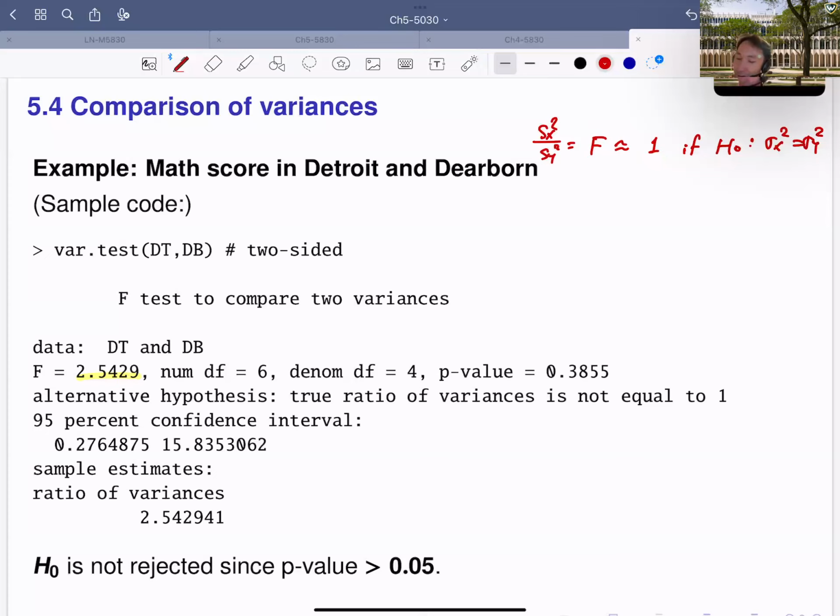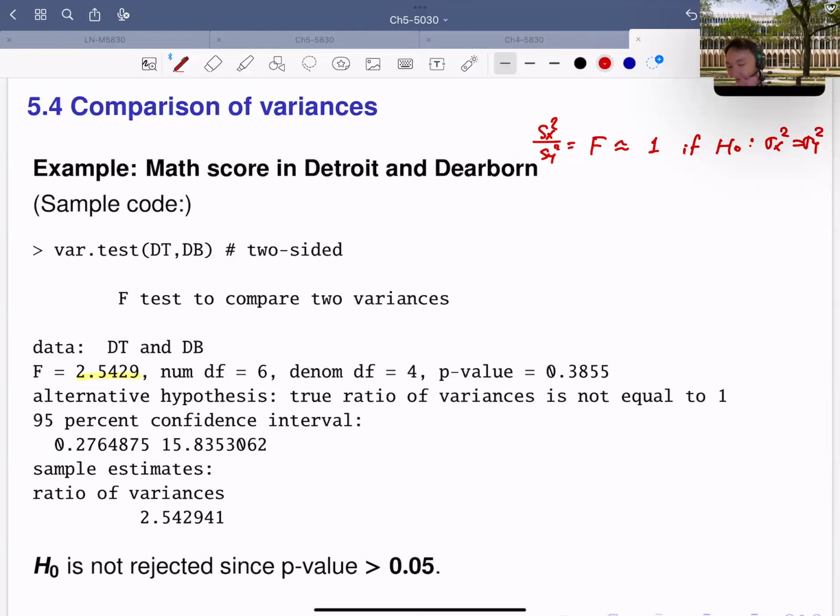So 2.54 is somewhat large, but we don't exactly know the distribution of F, so we cannot say at this point, but we can say it's slightly different. Sigma x square is about 2.5 times larger than sigma y square. Or if you just compare sigma x and sigma y, maybe 1.6 times larger.